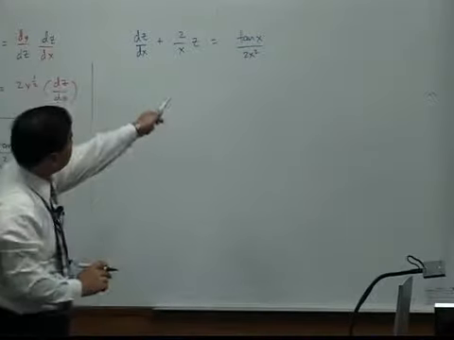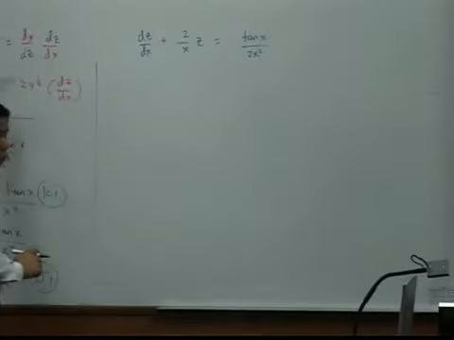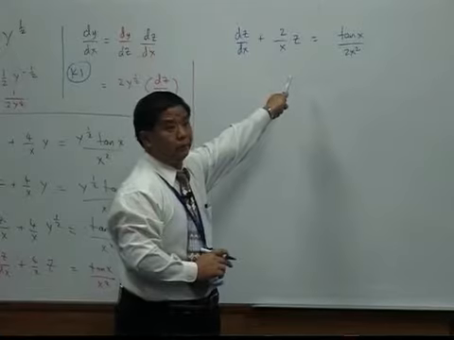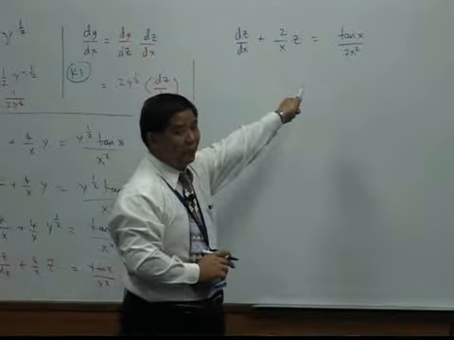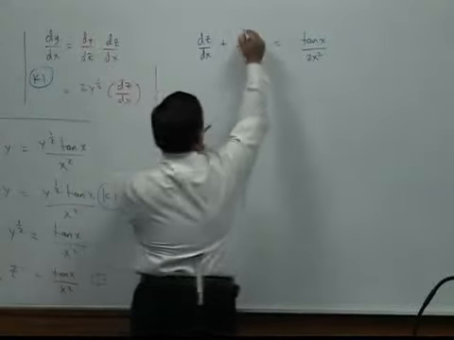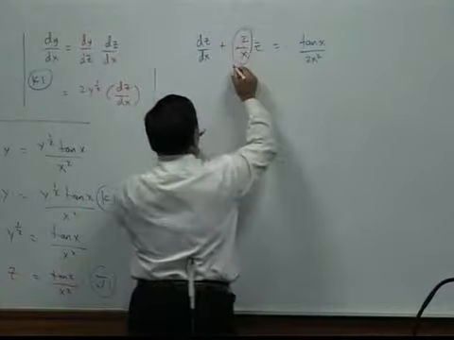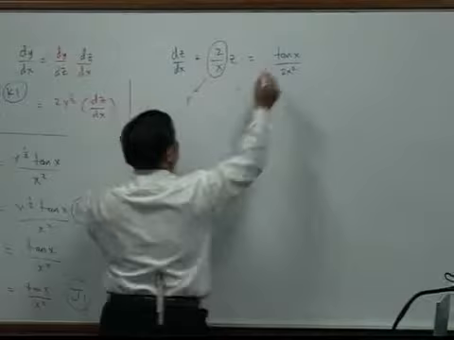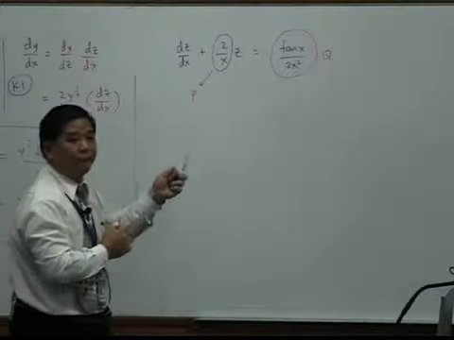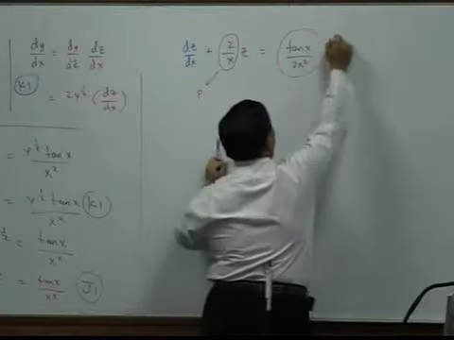So if someone does not know how to do this, he or she can start from here. There's no harm starting from here. Starting from here, our framework is to recognize that this guy should be our P. This portion should be our Q.